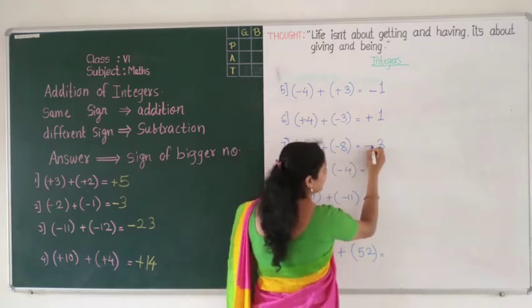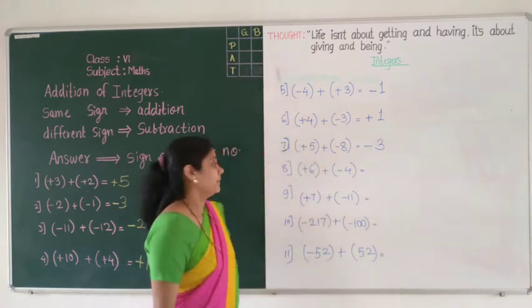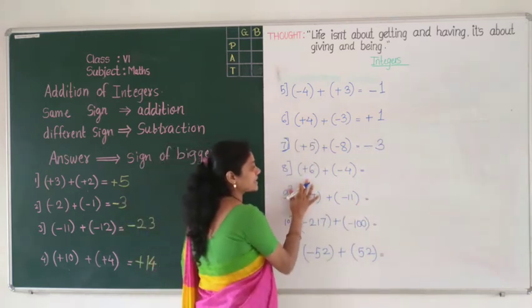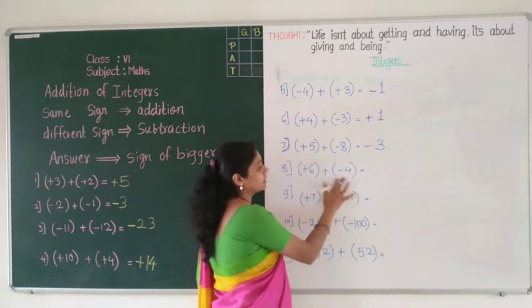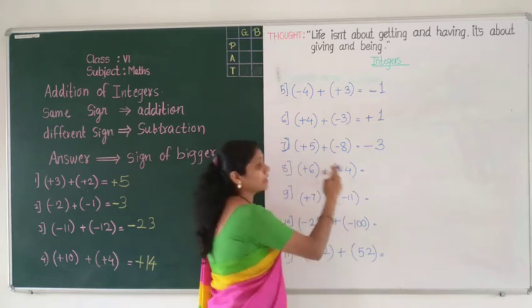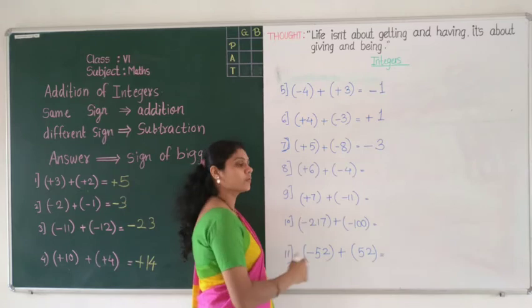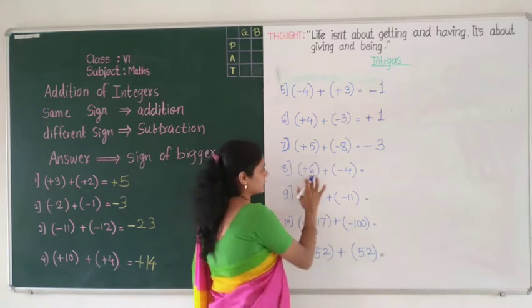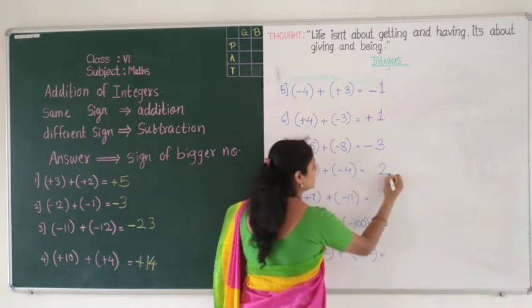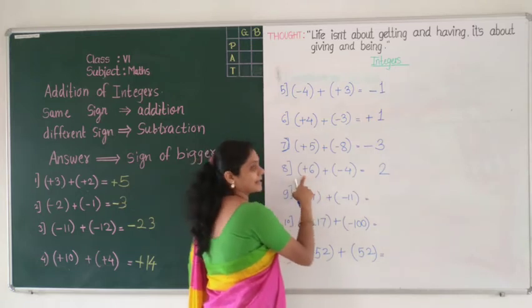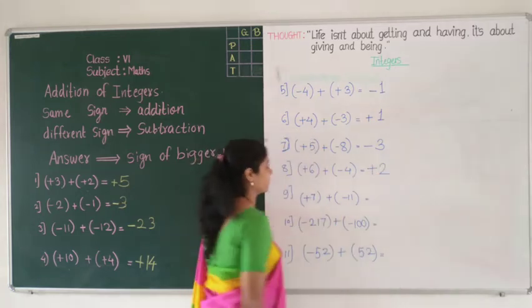So the negative sign will be for the answer. Positive 6 plus negative 4, positive, negative, signs are different. So we will do subtraction. So 6 minus 4 is 2. 6 is the bigger number and its sign is plus.